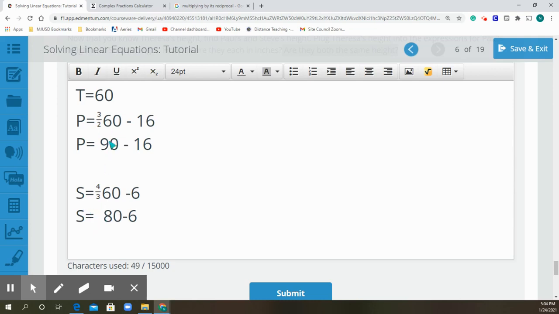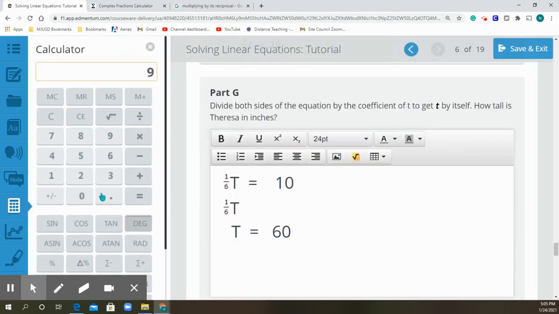Okay. All right, so now, sorry, a little being weird here. Okay, so now we do the simple subtraction. 90 minus 6 equals 84.